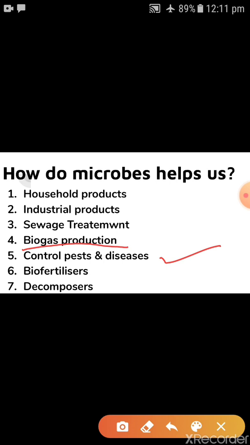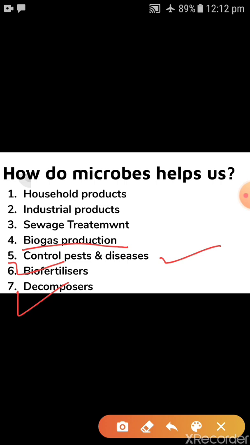Okay. So next point is microbes are useful in biofertilizer and as decomposers. Children, in our previous chapter we have discussed fertilizer. What are fertilizers? Fertilizers are the artificial method to give nutrients to the soil. Fertilizers improve the soil fertility, it enriches the soil in useful nutrients.